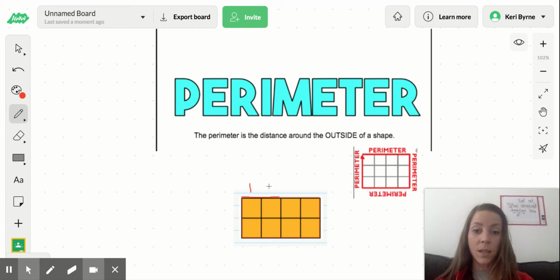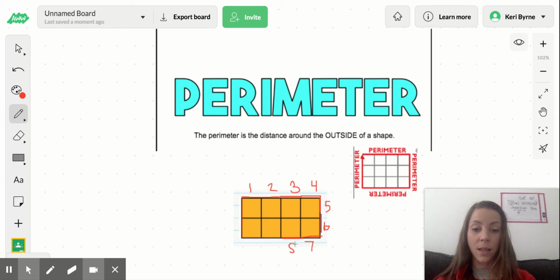From here to here is 2. From here to here is 3. From here to here is 4, 5, 6, 7, 8, 9, 10, 11, and 12.